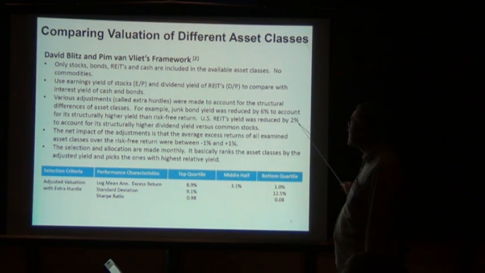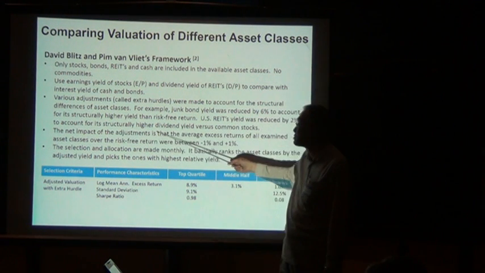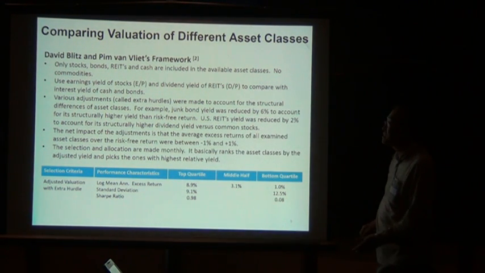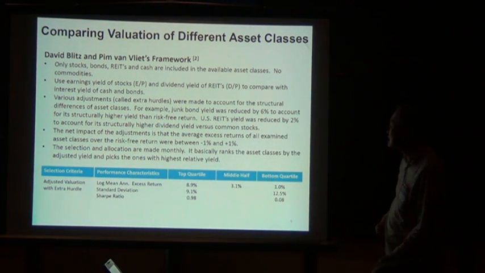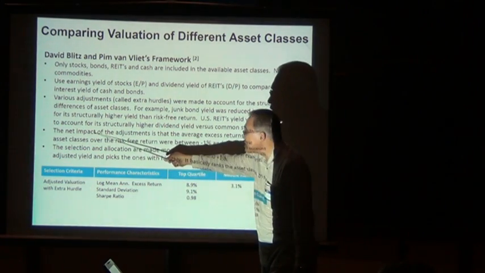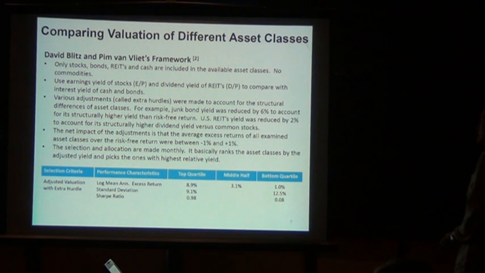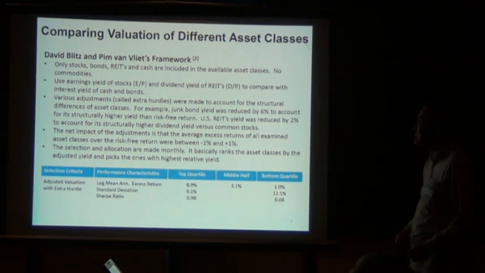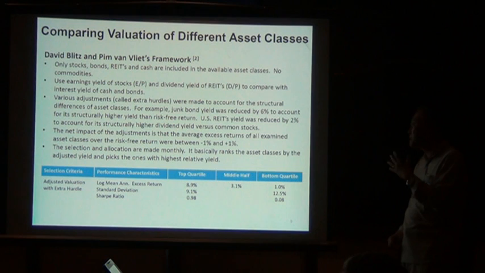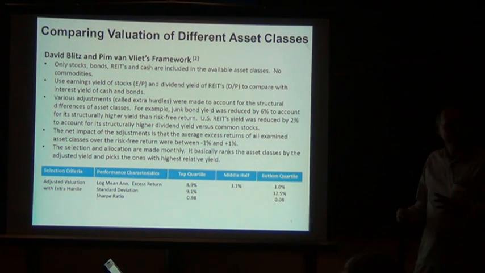U.S. REIT yield was reduced by 2% to account for a structurally higher dividend yield versus the common stock. Okay. So after all these adjustments, the net impact is that the average excess return of all examined asset classes over the risk-free return was between -1% and +1%.